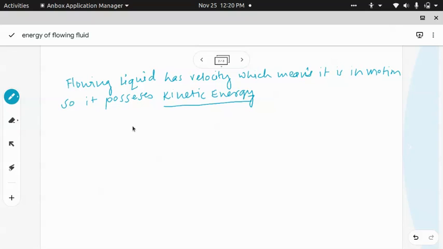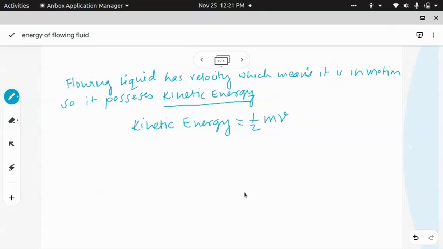The formula for kinetic energy, as you know, kinetic energy is equal to 1 half m v. We want to write v for volume also and v for velocity, so I will use a different notation, like this.